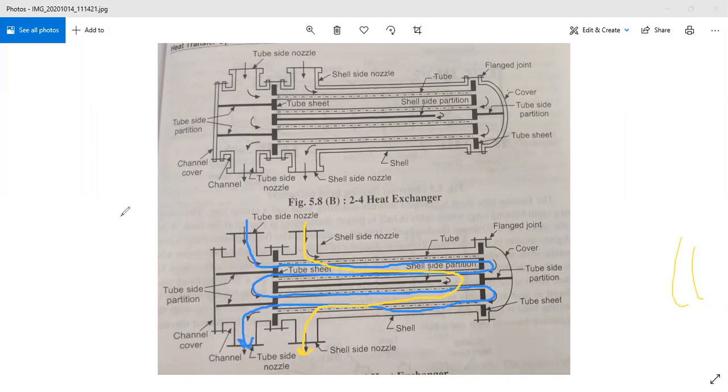So in this way, we have discussed the shell and tube heat exchanger, its different parts, different classification and sub-classification, and their function as well as the working of the 1-2 shell and tube heat exchanger, fixed tube sheet heat exchanger, and 2-4 shell and tube heat exchanger, and in the next section we will discuss different arrangements and different types of shell and tube heat exchanger.